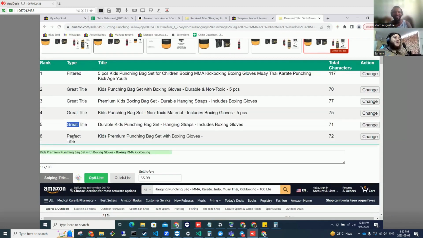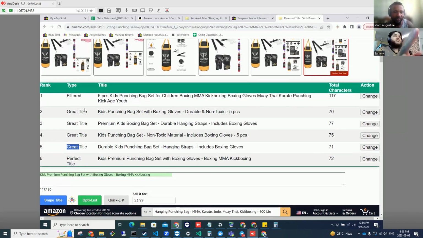So we are on version 4 of our title builder. Version 5 is on its way. The great titles are version 3, which is pretty good, but version 4, the perfect title, is even better.